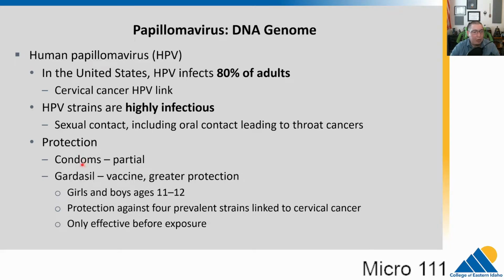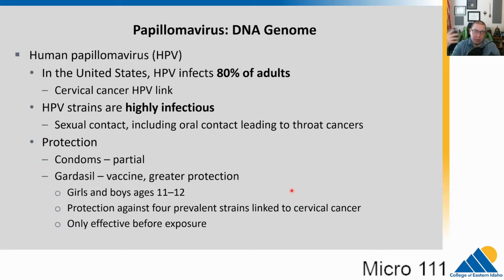But there is a vaccine that can help protect, but it is only effective before exposure. So kids entering their teens, this is when they should get this vaccine, and it will protect them against many strains of HPV, and it's particularly important to help reduce the risk of this virus-transmitted cancer risk. So particularly that cervical cancer one.